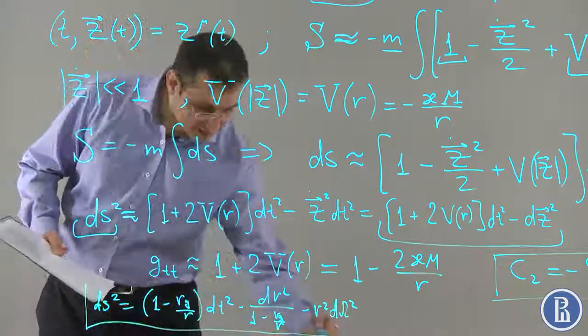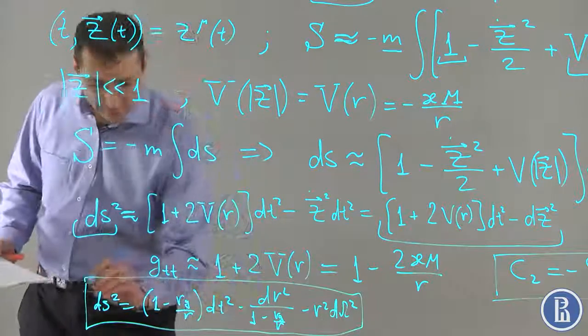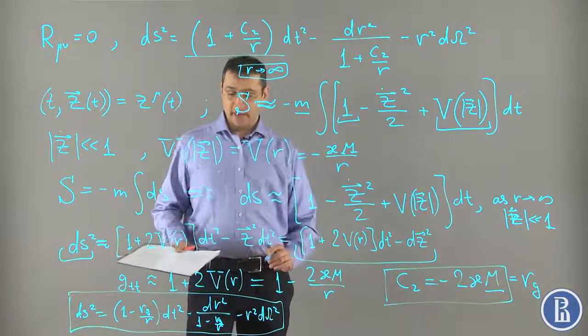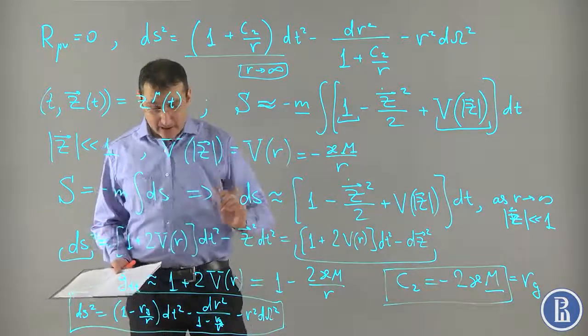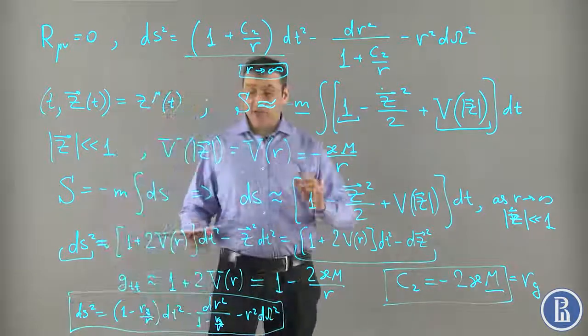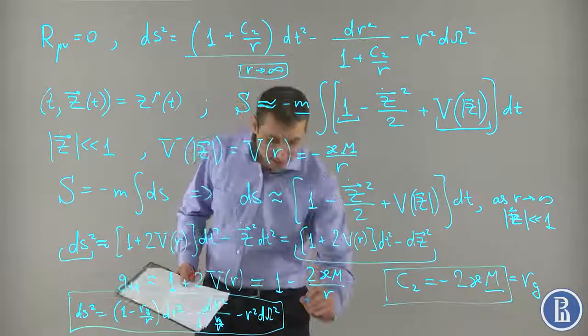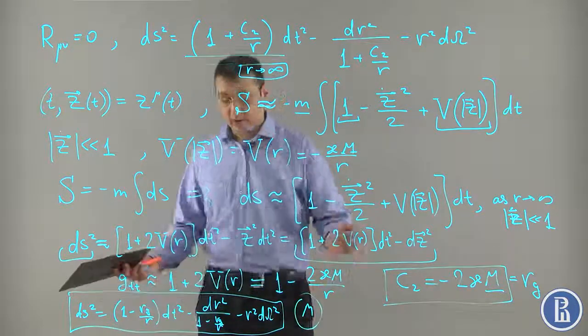So this is the metric which solves Einstein equations and describes the spherically symmetric gravitational field created by a massive body of the mass m around itself.